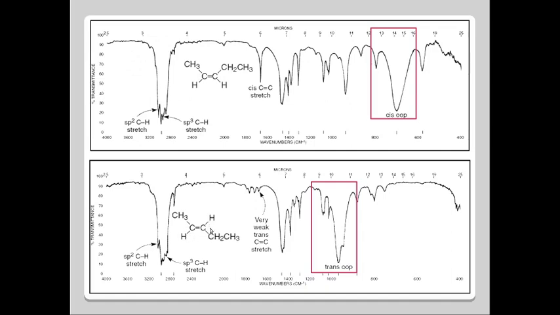We have already seen that the carbon carbon double bond vibration will give a weak band in case of a trans configuration compared to a cis configuration. And this band system here will tell us details about the out of plane bending vibrations of the functional groups around the ethylene system here, which are being arranged in a trans configuration. So this band is basically due to the trans out of plane vibration.